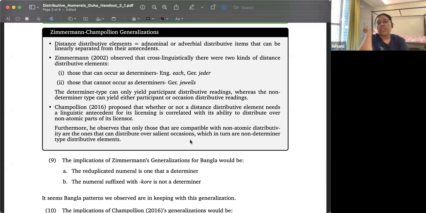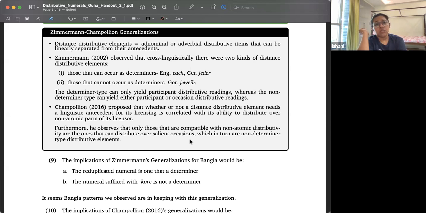Now, one typological observation made by Malte Zimmermann is that there are two kinds of distance distributive elements. One, those that can occur as determiners, so English each, etc., and German jeder, which is, I guess, each.